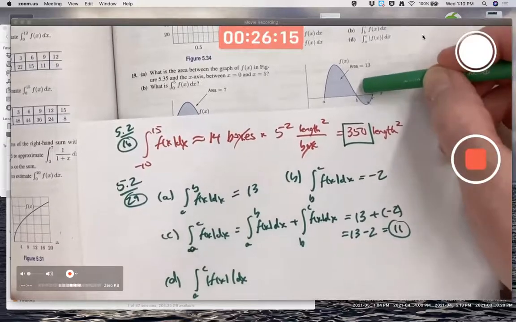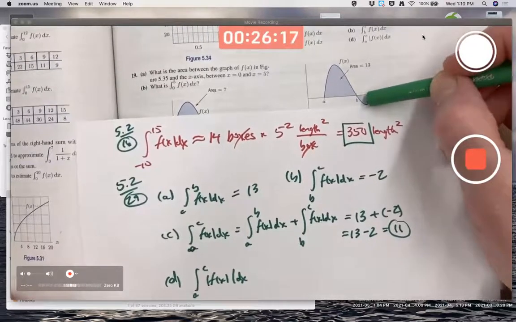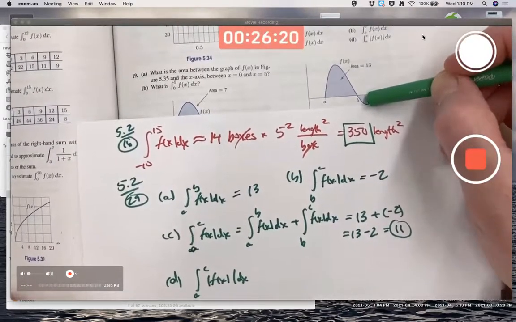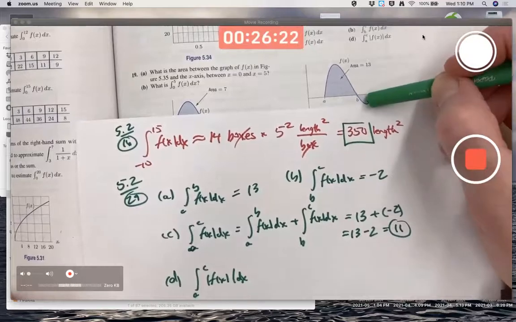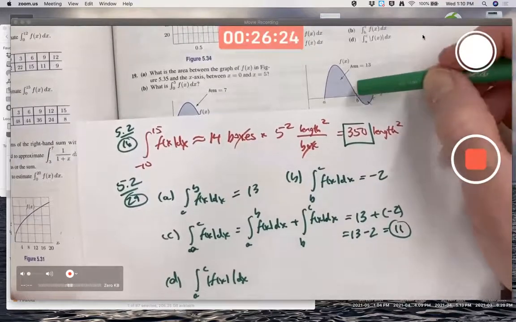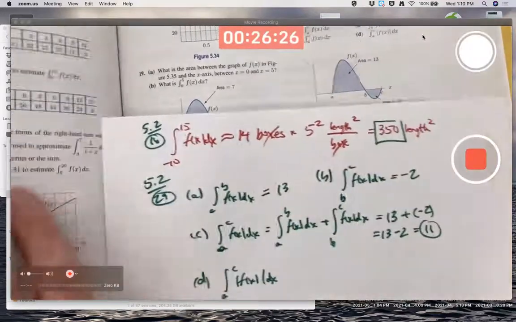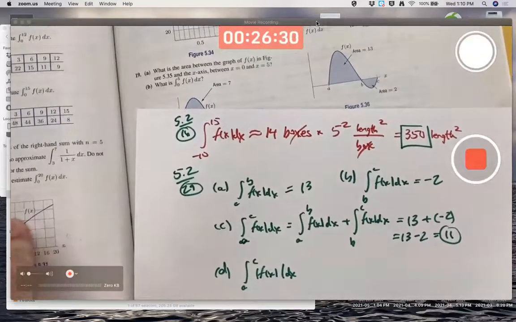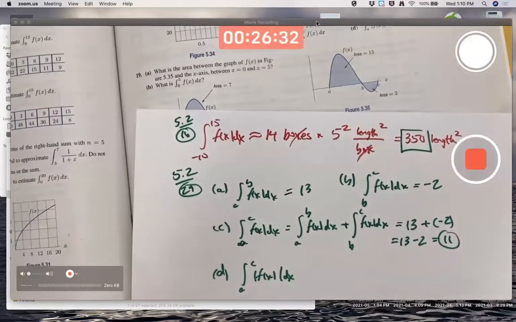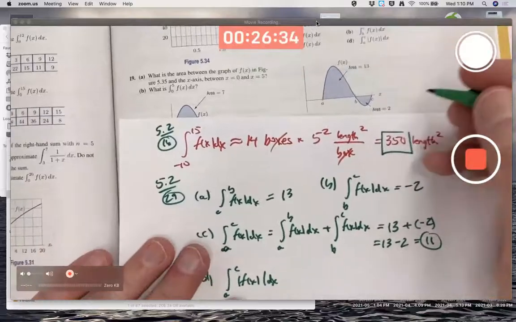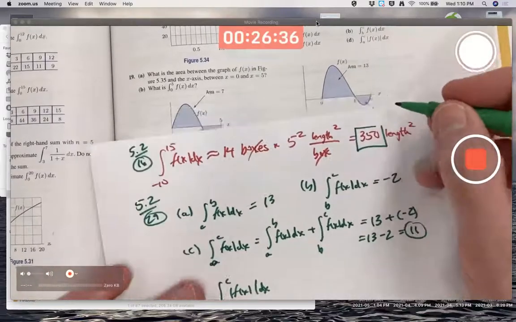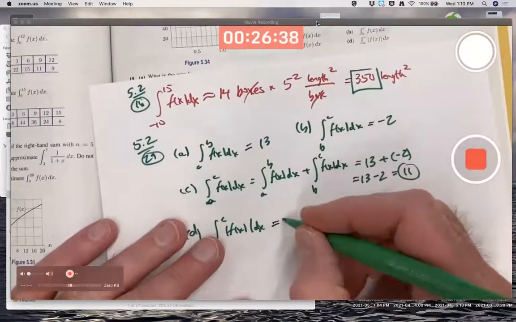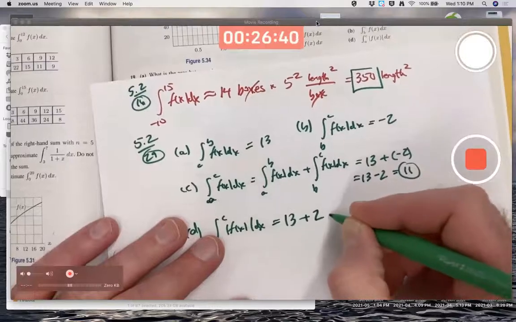But since it's a reflection across that axis, its area is going to be the same. The area above the curve when it's below the axis is going to be equal to the area under the curve when we flip it. So this is going to be 13 plus 2, not 13 minus 2.